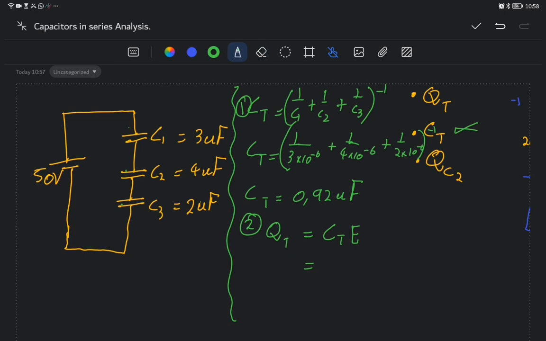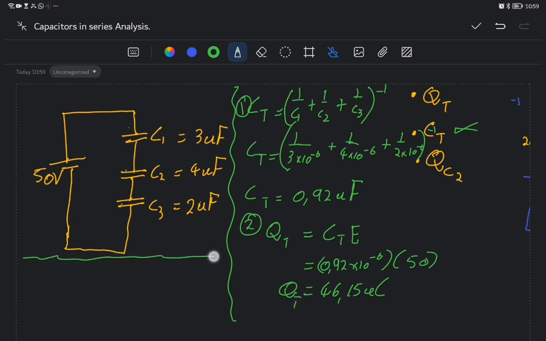Q total is equal to CT multiplied by E. CT is 0.92 times 10 to the power negative 6 multiplied by 50. And our answer is 46.15 microcoulombs. So that is our QT, right?